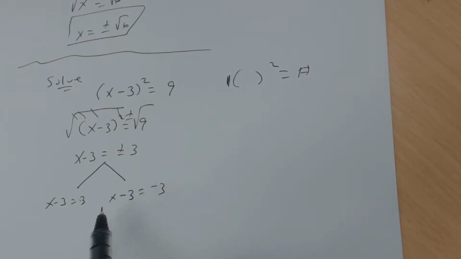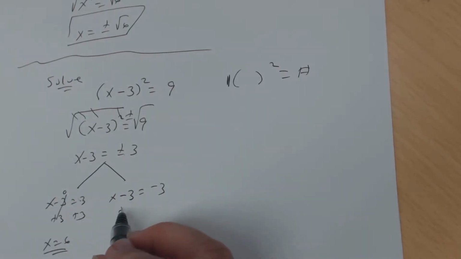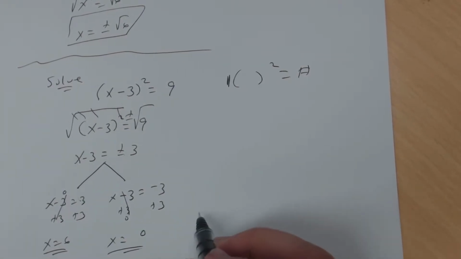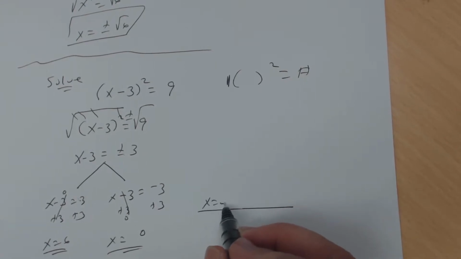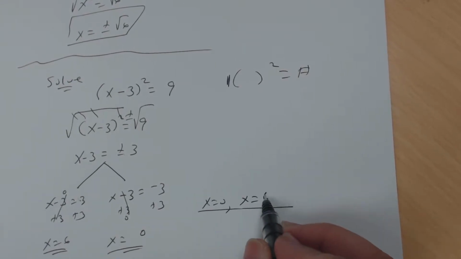Then you're solving this linear equation, so you're going to add 3 to both sides. Combine like terms, you get x to be 6. So there's one of your solutions. Over here, add 3 to both sides. Combine like terms, you get x to be 0. So there's the other. So in the blank, you're going to say x equals 0, x equals 6.